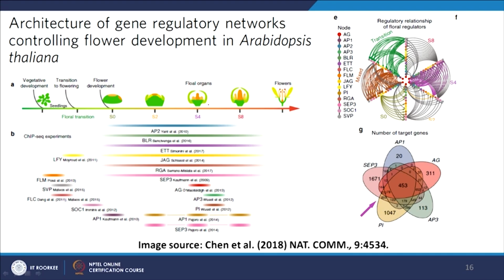Targets of transcription factors at different developmental stages have already been identified. If you take all this data and do co-expression analysis, you can establish a regulatory relationship among the regulators, and identify the genes which are commonly regulated or specifically regulated by a particular regulator.